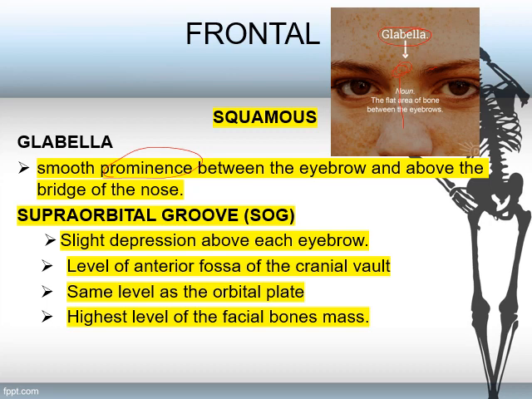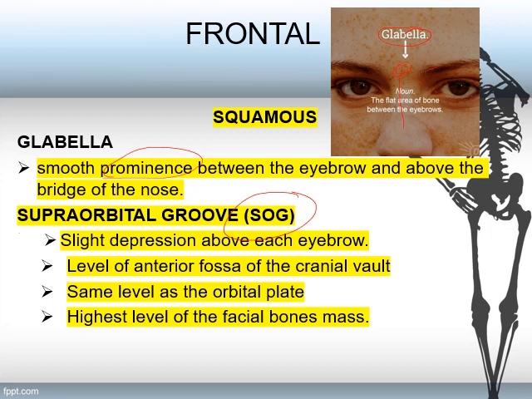Another part of the frontal bone is the supraorbital groove or the SOG. It is a slight depression. Pag sinabi naman depression, opposite siya actually ng prominence.